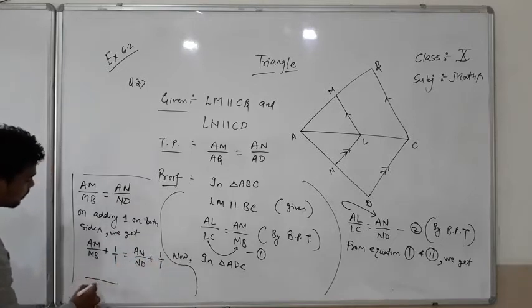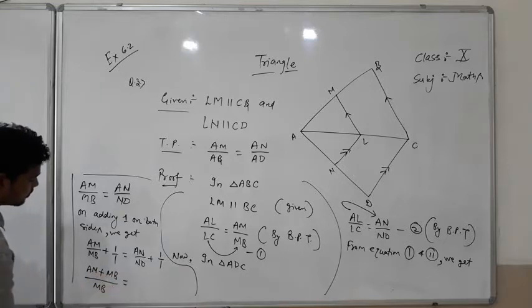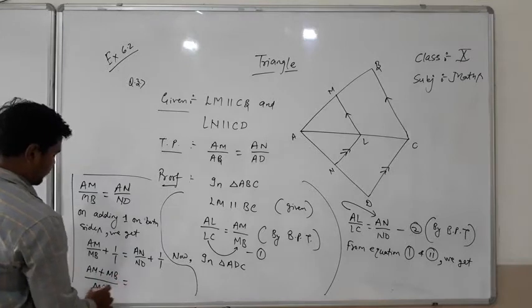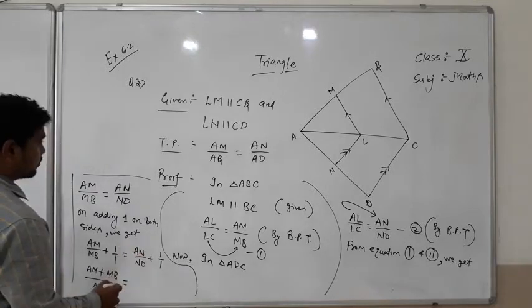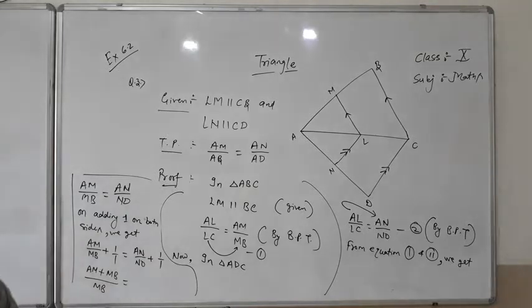MB comes up, so it is AM plus MB, which is AB, upon MB. Students, I have one change in this question.